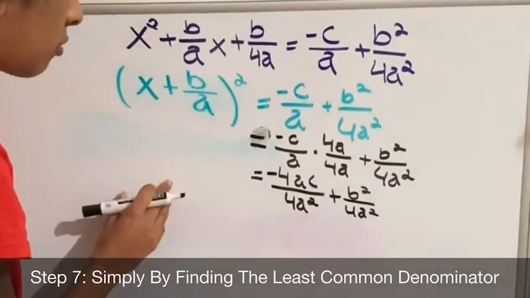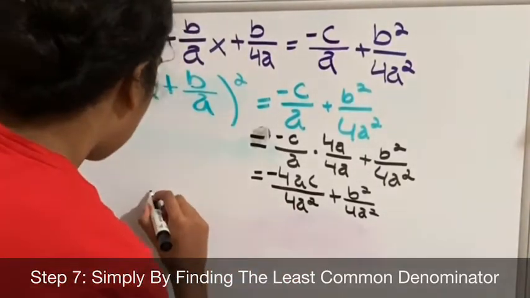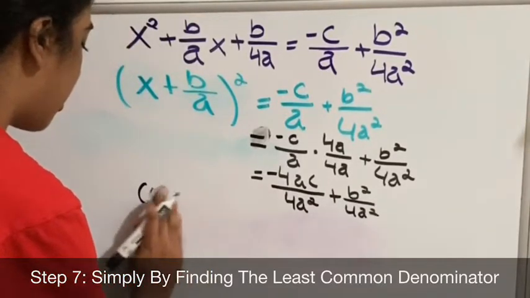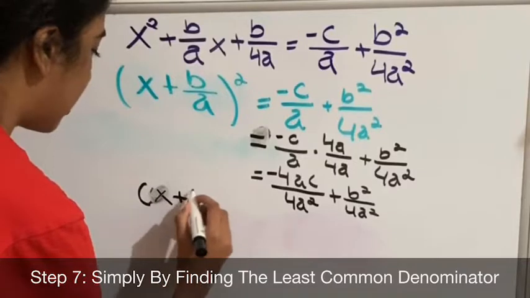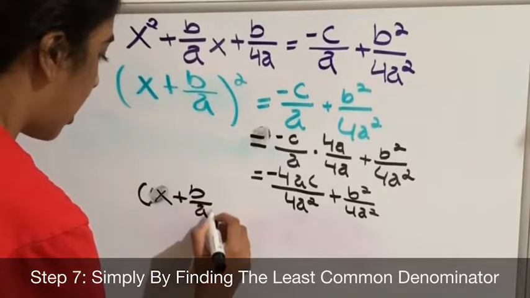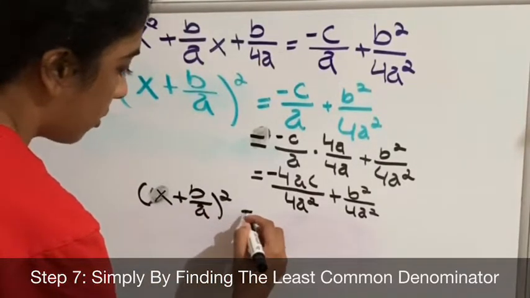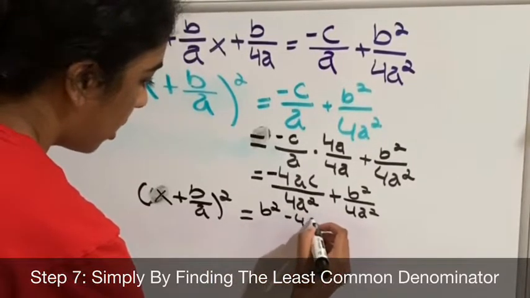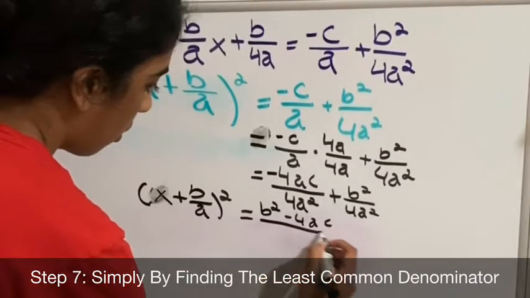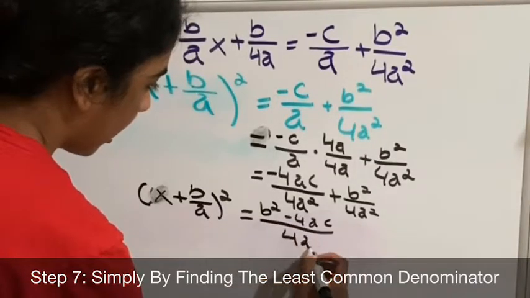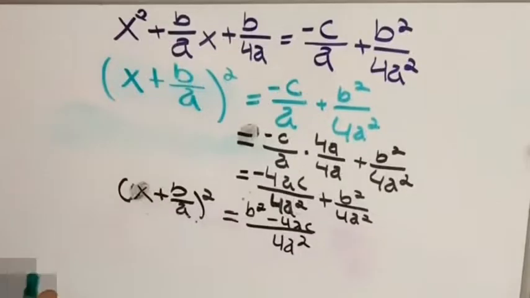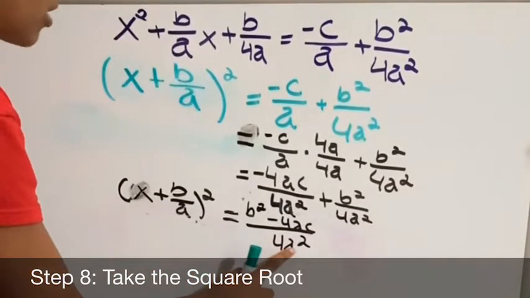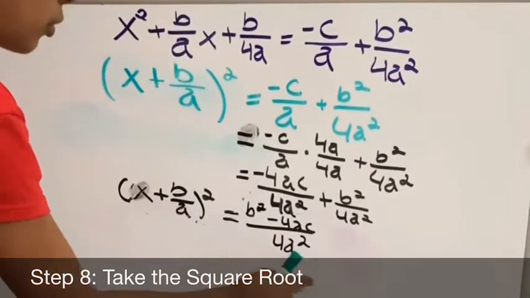Perfect. Now we can write out the whole equation once more. So we get (x + b/a) squared equals b squared minus 4ac over 4a squared.